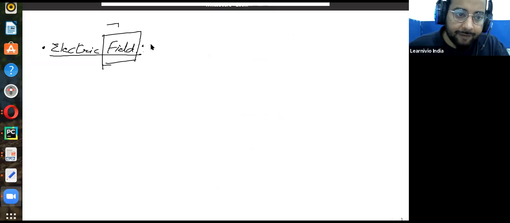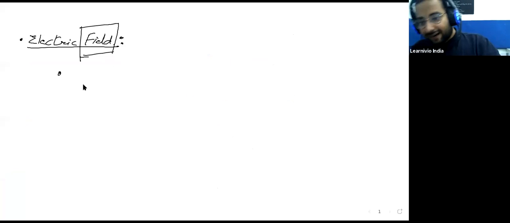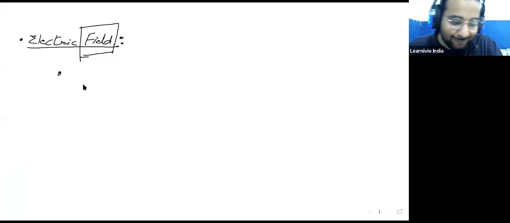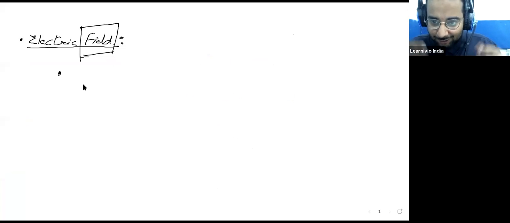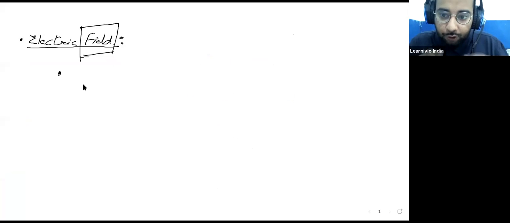So how do we define an electric field? Well, if you think about it, we have already defined it when we were calculating the force because of this rod or the ring on a test particle. Why is that?